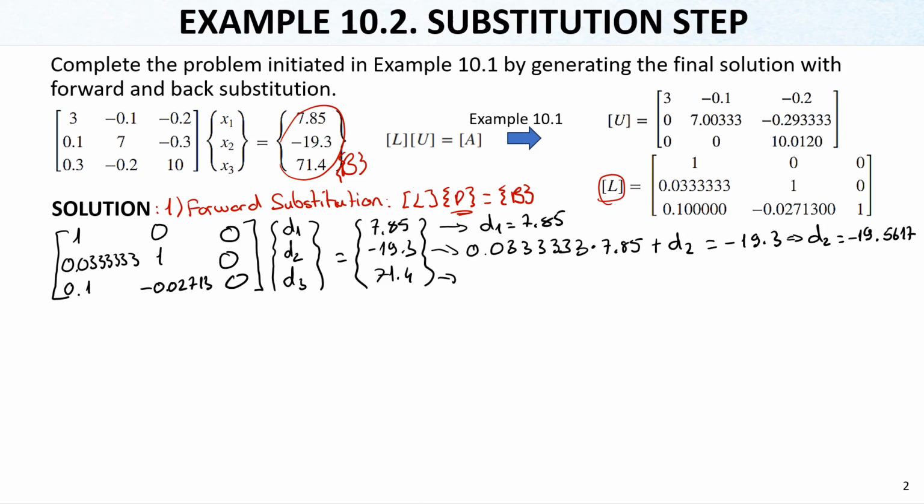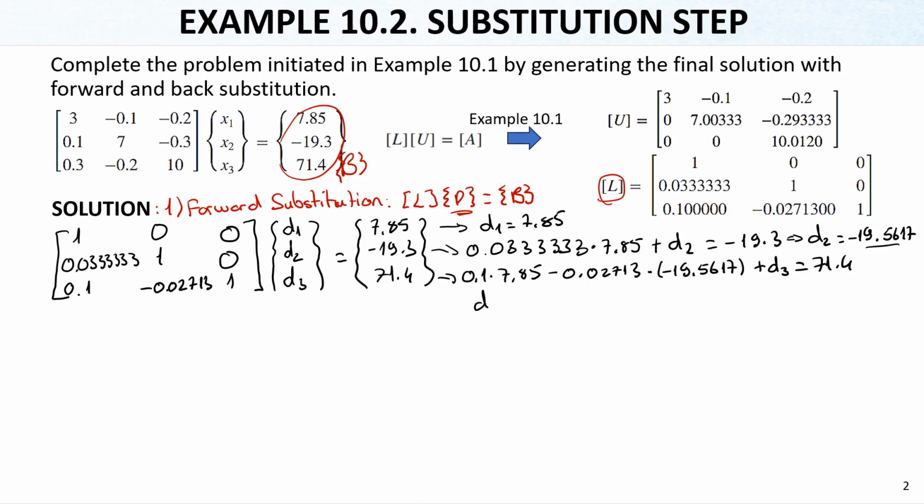Finally, from the third one, you can see 0.1 times D1, which is 7.85, minus 0.02713 times D2, and we found D2 as minus 19.5617 here, and plus D3 is equivalent to 71.4.